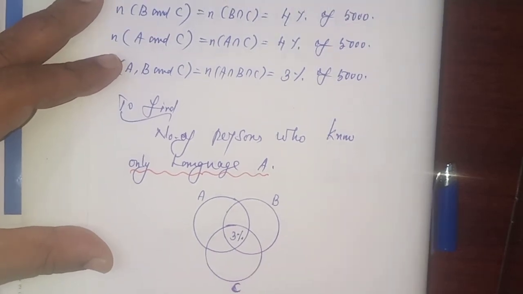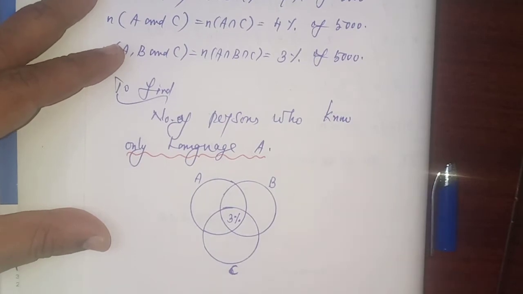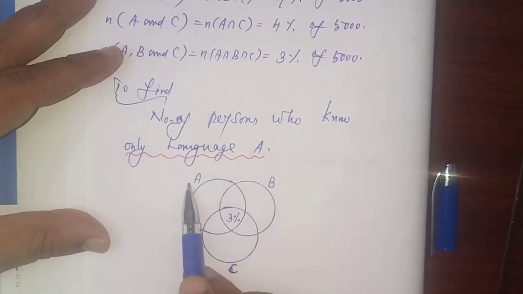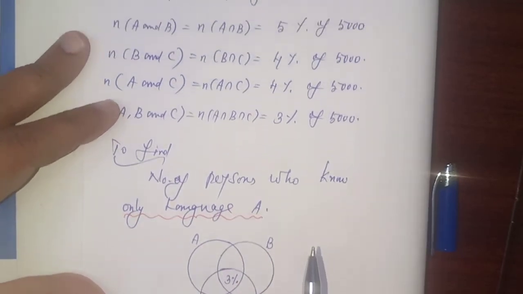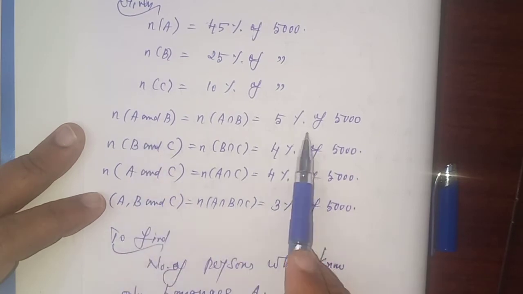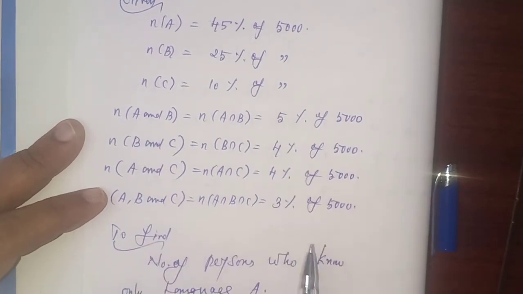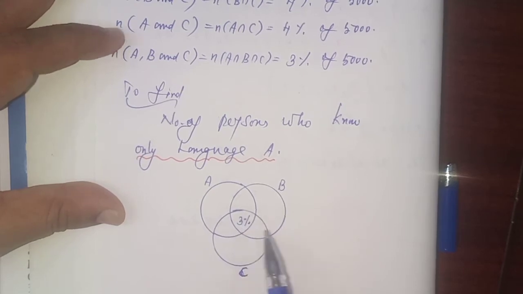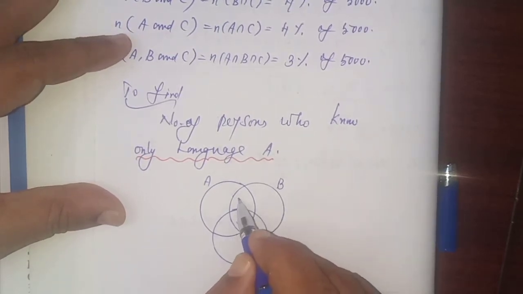Okay, 3%. Next, this portion belongs to A and B. A and B, here it is 5%. So together these are 5%. Since we have 3%, what is the balance? This is 2%.